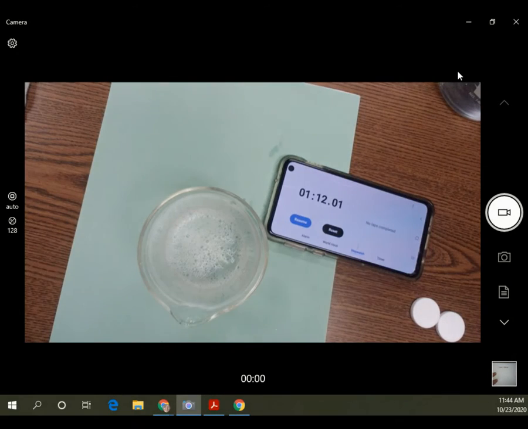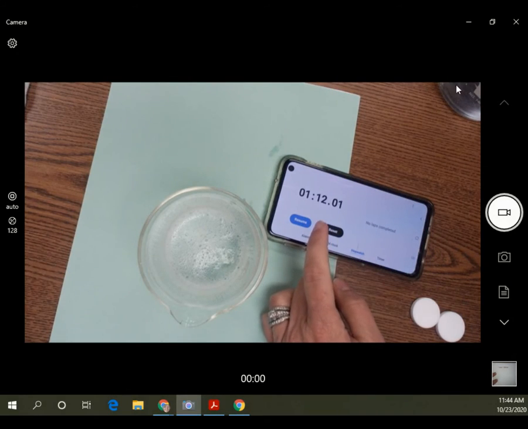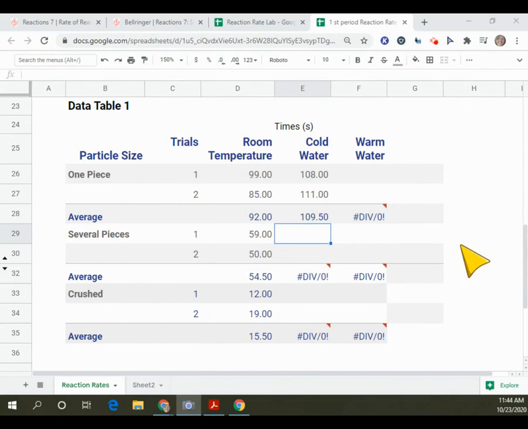All right. So 1 minute and 12 seconds. So for that one, we're going to do equals 60 plus 12, 72. So that was faster by quite a bit. But still, it took longer than the several pieces at room temperature.